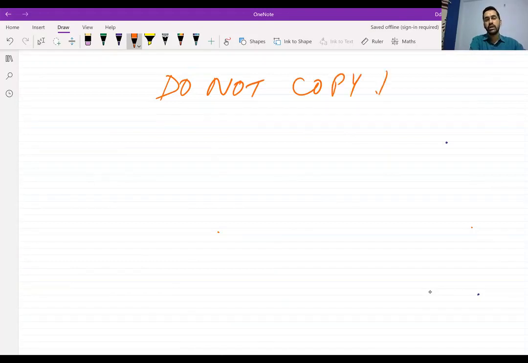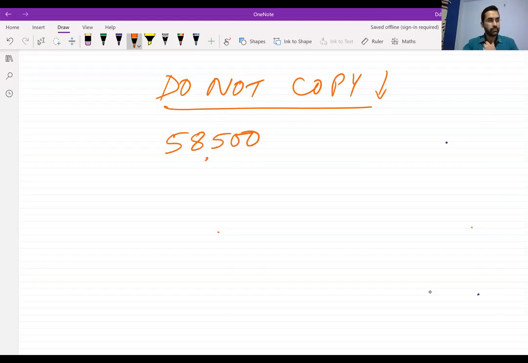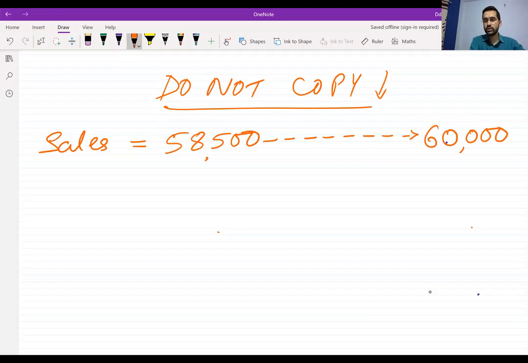If I sell without further processing, I will earn 58,500. But if I further process and sell as per the question, I will be getting 60,000 rupees. That means if I further process, I will get 1,500 rupees more.